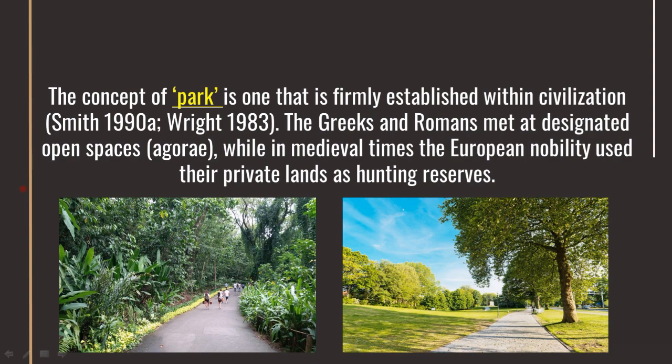So, sinasabi lang natin dito that park, it is something that we usually go. Kaya lang kasi ang pagkakaalam talaga natin sa park is, for example, Luneta Park, diba? Freedom Park, but most likely, parks can also be the what we call private lands. Okay, so na later on, we will discuss.